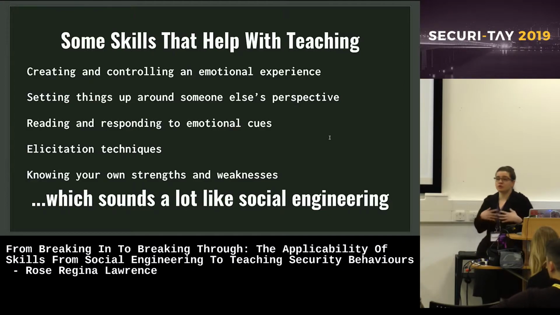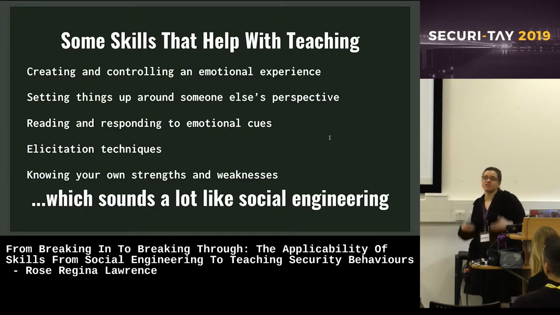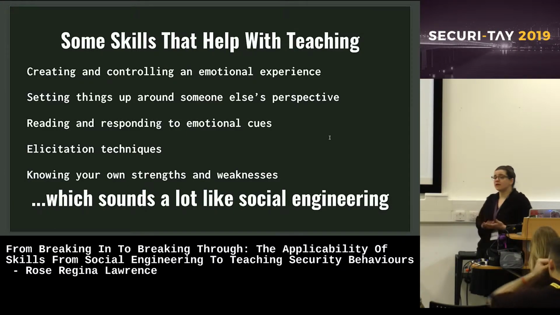With both of them, you need to handle someone else's emotions, and you should create a nice journey that takes them along the path they need to go, either to give you something they shouldn't, or to get to a point where they can get themselves to have better security behaviors. It's really about orienting towards someone else's needs.